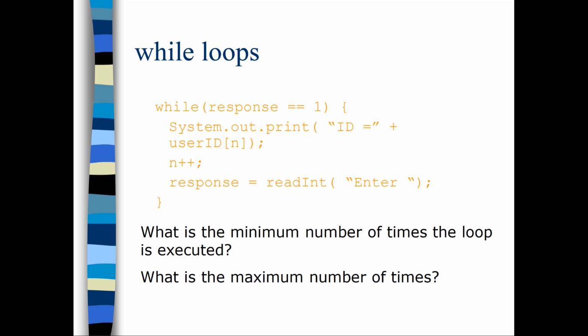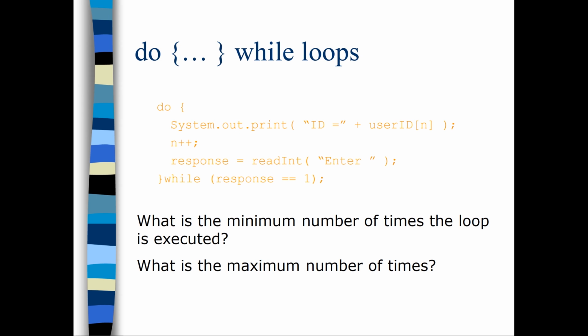So if the user enters 1, it will keep on executing this, and if the user enters something other than 1, it will come out of this loop. So I would just like to throw you a question: what is the minimum number of times the loop is executed, and what is the maximum number of times the loop will be executed? You can take it as homework, and execute it yourself and see inside the Java console basically. So let's proceed ahead.